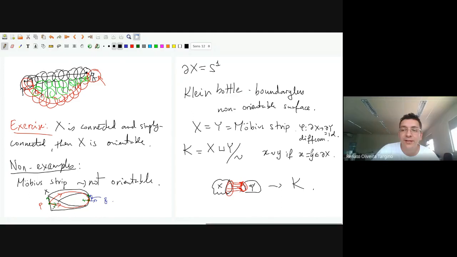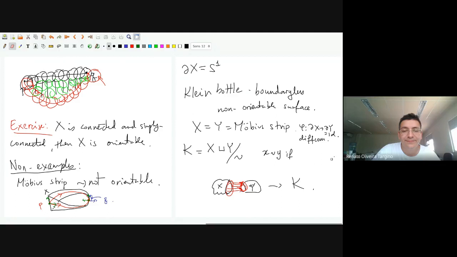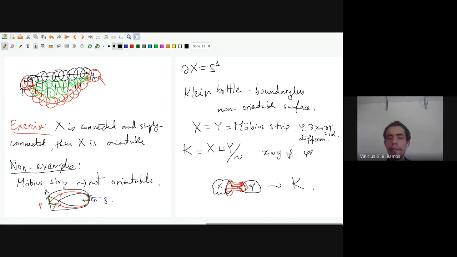So you put indices. Maybe we should just leave it the way it was. So if phi of x is equal to y, and x is in x and y is in y, and phi is a map only on the boundary. Okay, like that. Sorry, that's the problem of not preparing something at all and improvising.